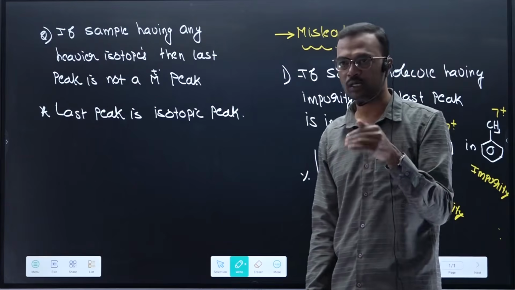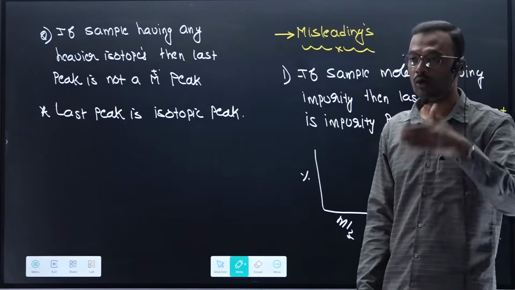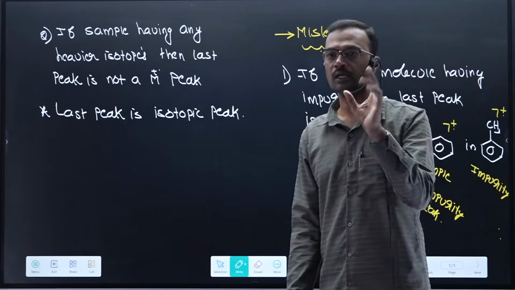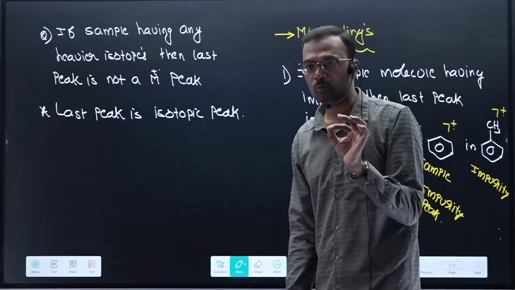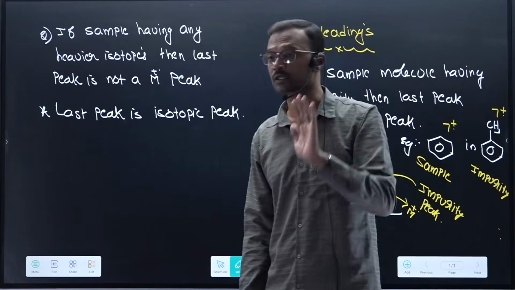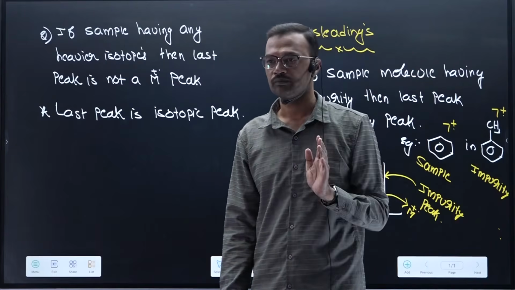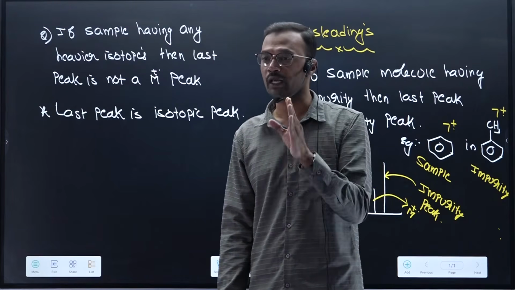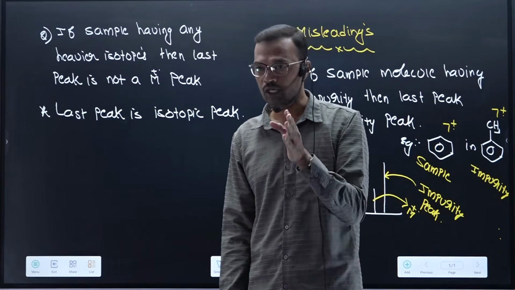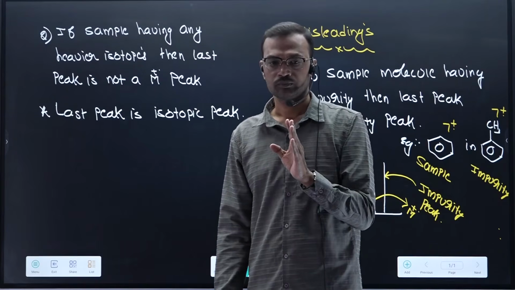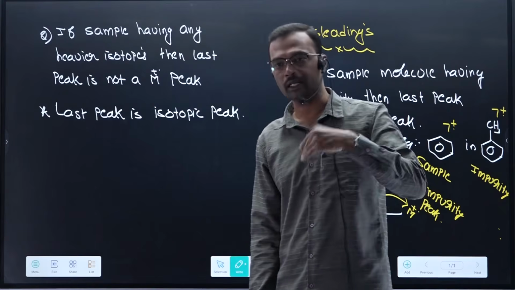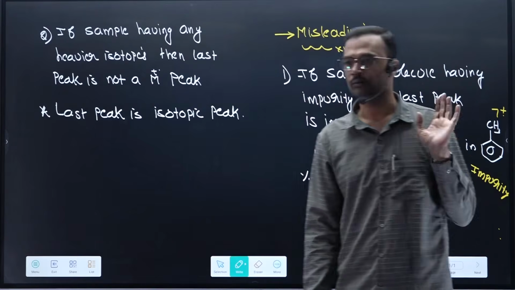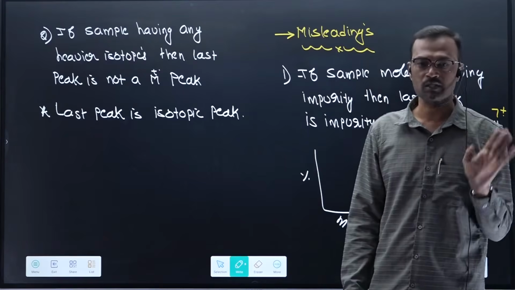You may ask one more question, sir: even though it is a heavier isotope, why do you not include it in calculating the m/z value? The reason is that the lighter isotope abundance is very high, more than 90% for most elements. For most elements, the lighter isotope abundance is very high compared to the heavier isotope. That's why, while calculating the m/z value, always consider the lighter isotope m/z value only. Don't take the heavier isotope m/z value.